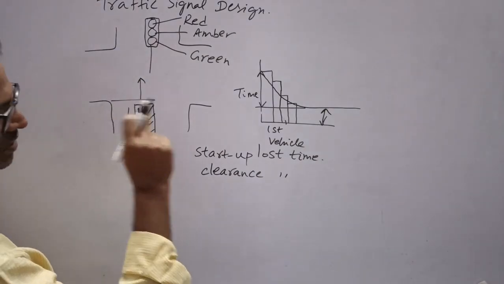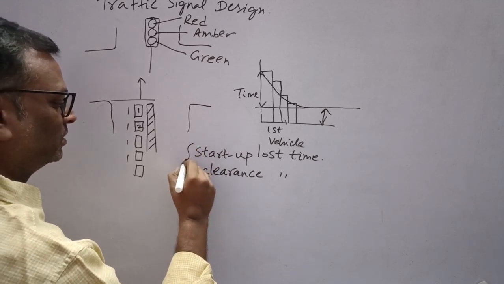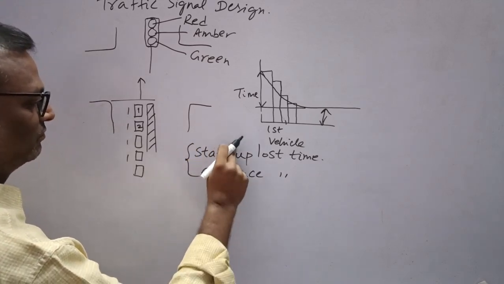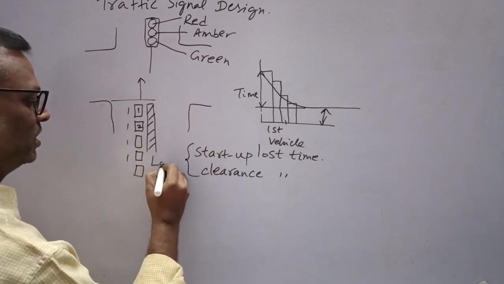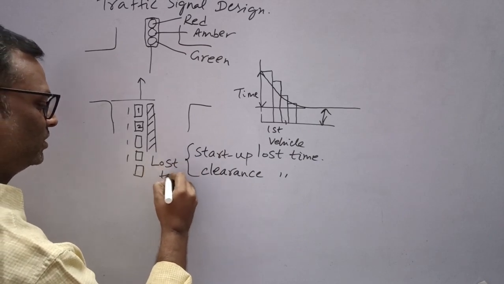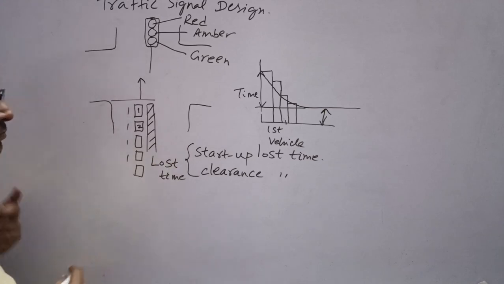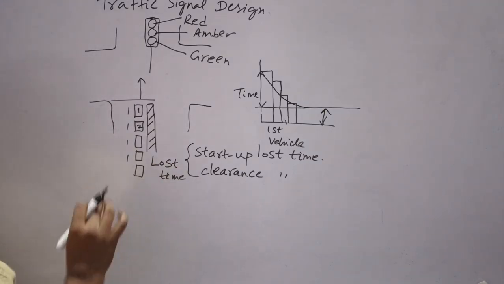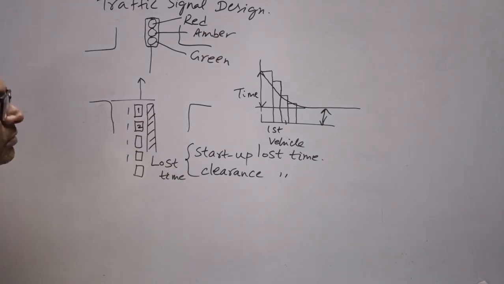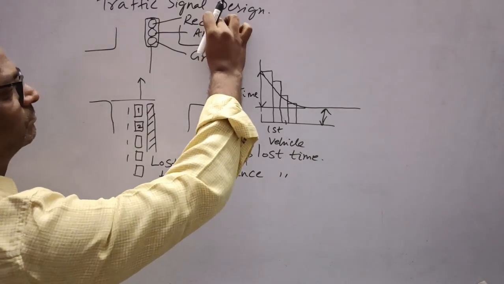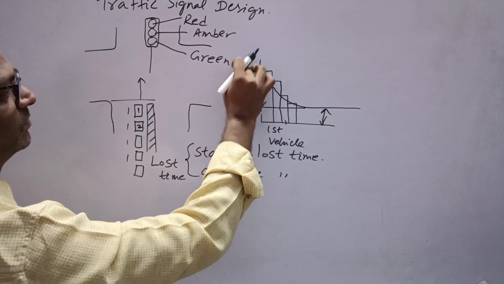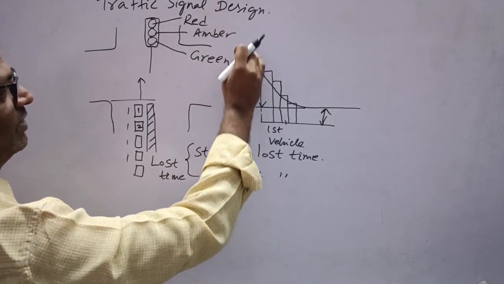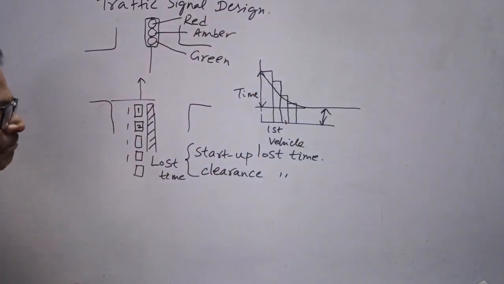Startup lost time and clearance time. The combination of these two is called lost time. Now we have red time, green time, and after green time we have amber time.